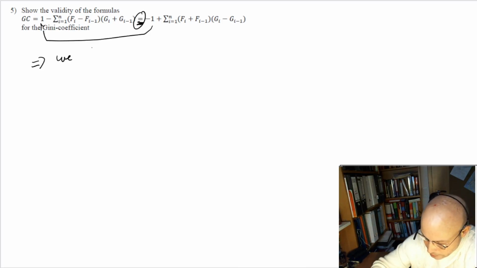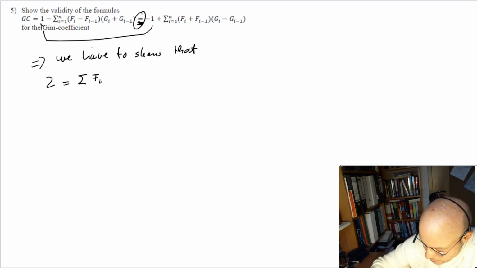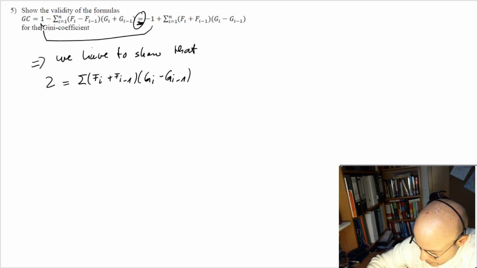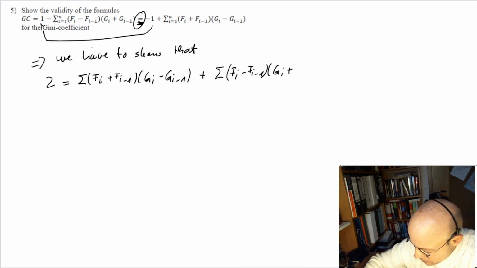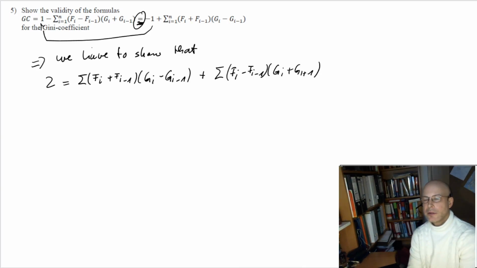I have to show that 2 equals the sum of f_i minus f_{i-1} times g_i minus g_{i-1} plus the sum of f_i minus f_{i-1} times g_i plus g_{i-1}. Do you have any idea how you can show this?